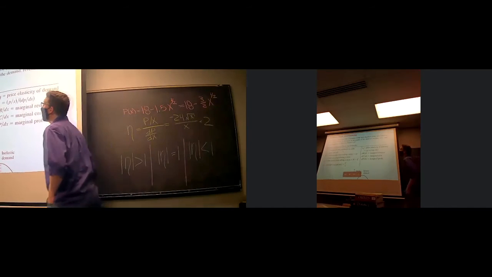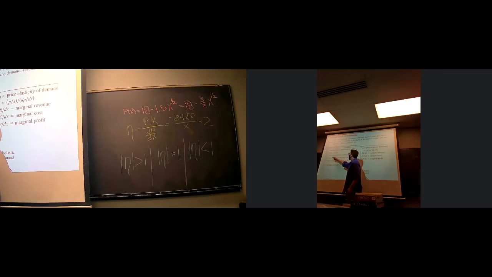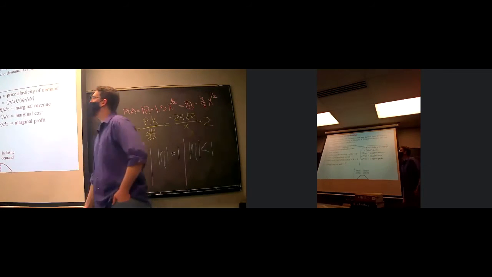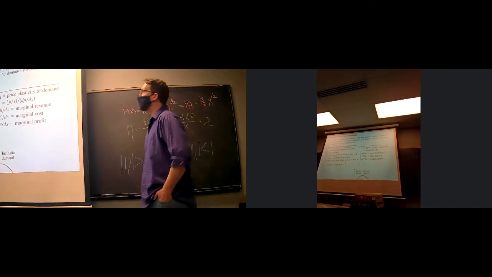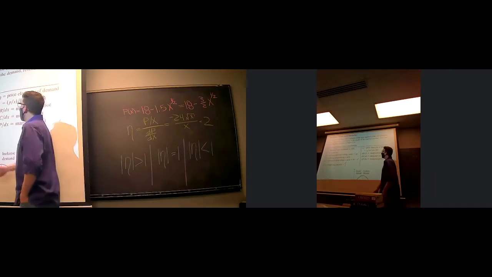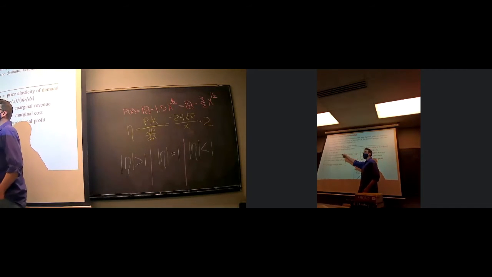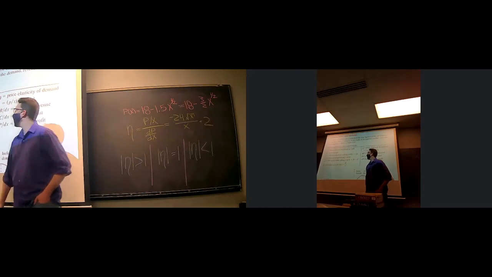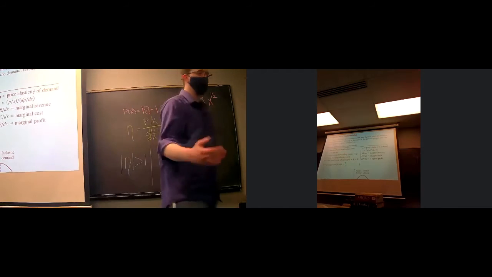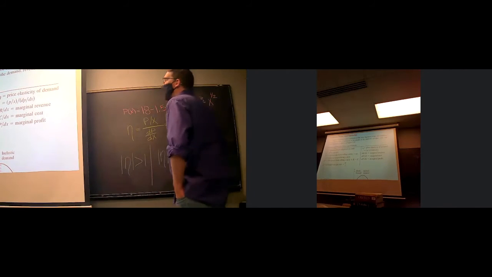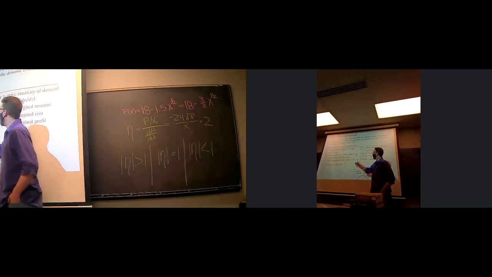Now, as a quick review of all of these different business terms. The number of units produced will usually be represented as an X. The price per unit will usually be represented as a lowercase p. The revenue will be X times the price per unit. The cost, well, that's just the total cost of producing, capital C. Capital P is going to be your profit, that's revenue minus the cost.